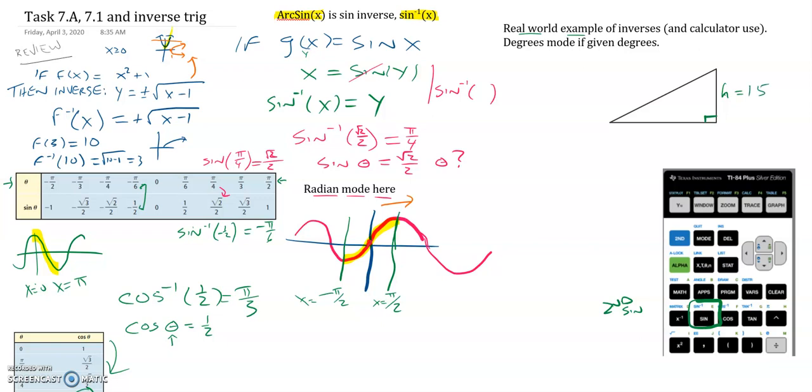And I was really curious what angle is being made if I also knew that the adjacent, remember if I'm looking at that angle, this is my adjacent. So here's my height and my adjacent, and let's say the adjacent was 20. What angle is this making?